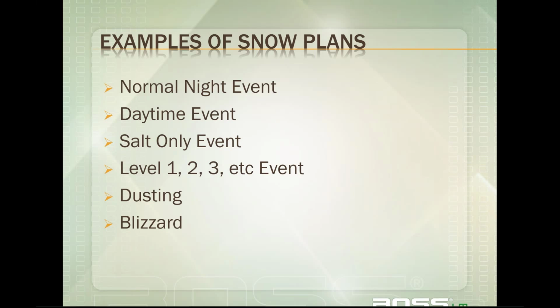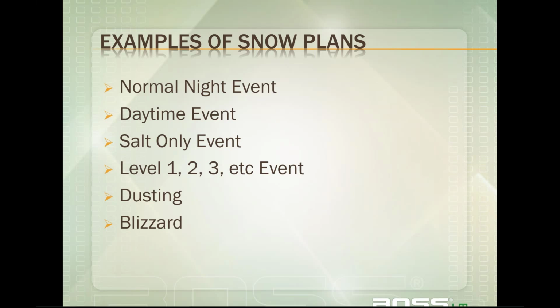You can also maybe have a salt-only event where, okay, we just got ice, we didn't get a full snowstorm necessarily, but we need to deploy just our salt trucks. It doesn't have to be just salt, it could be just the walkway crews, or you can create these plans however you need to. You can maybe create your own custom levels. Internally, a level 1 storm is this way, level 2 is this, and you can name them however you want.